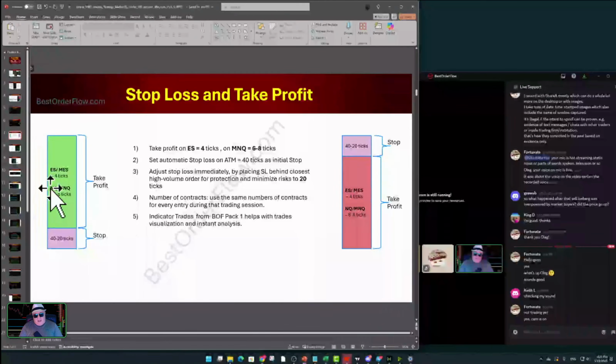Now, for example, I'm talking about the Asian session specifically, and I'm comfortable trading ES for ticks, although I know usually the price bounces 8 to 10 ticks now with this volatility on an Asian session. Is that possible? Absolutely. And on NQ or MNQ, it bounces 10 to 20 ticks, but I'm conservatively putting here only 4 on ES and 6 to 8 on NQ.